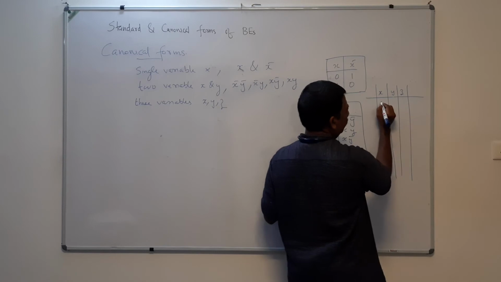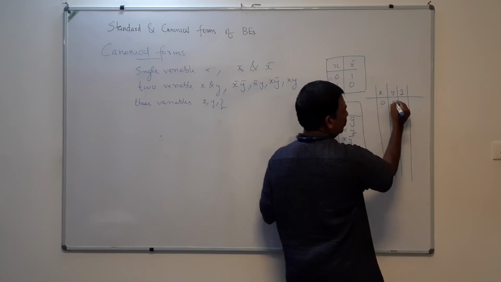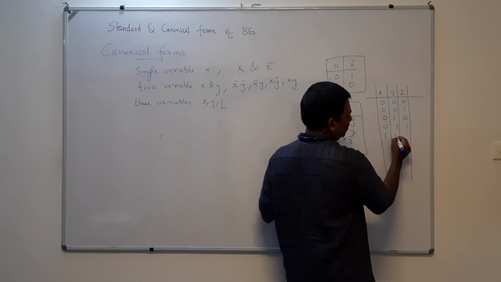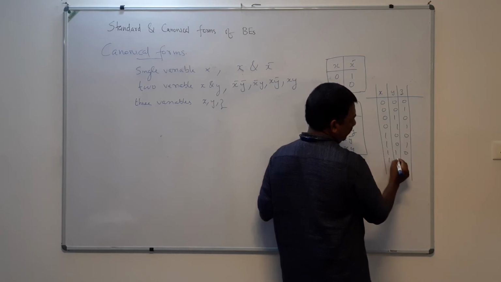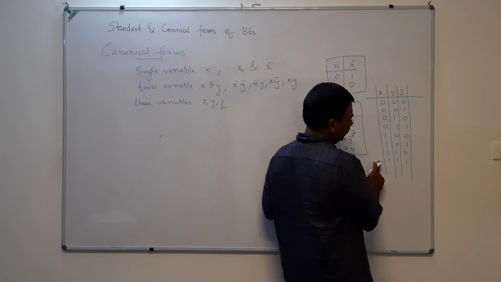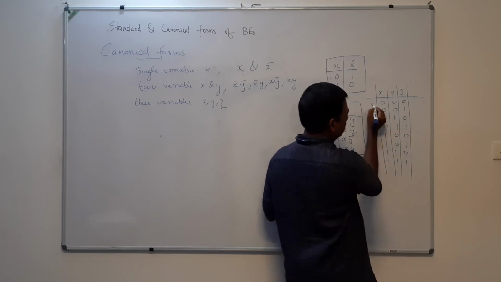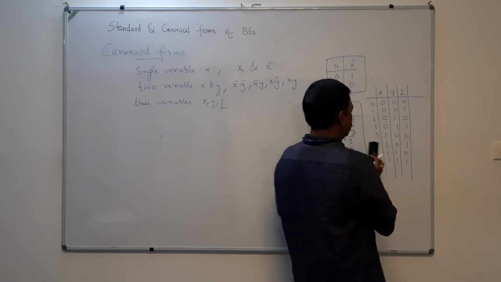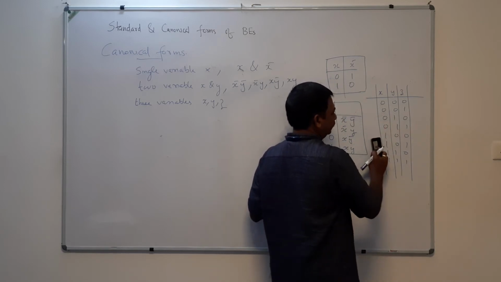The values are 0 0 0, 0 0 1, 0 1 0, 0 1 1, 1 0 0, 1 0 1, 1 1 0, 1 1 1. Actually, I am writing 0, 1, 2, 3, 4, etc. up to 7 in binary.